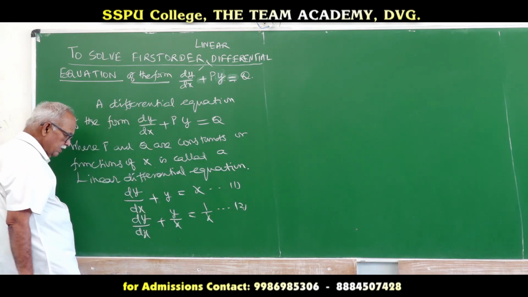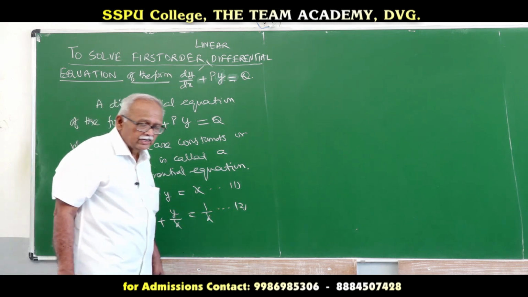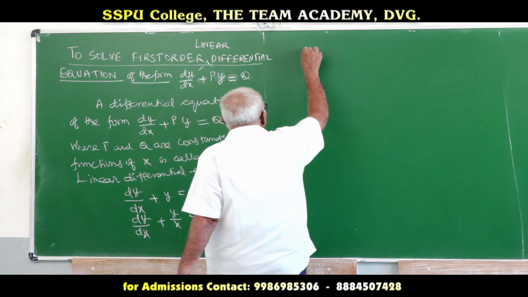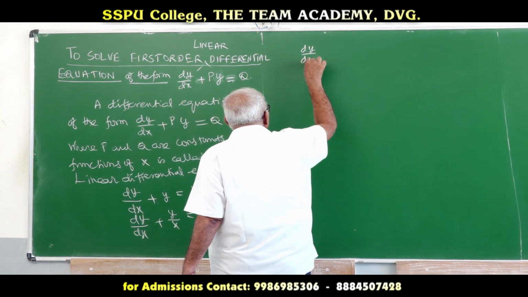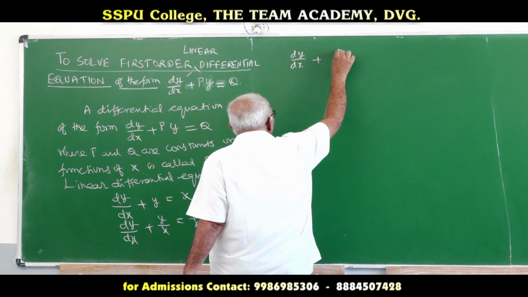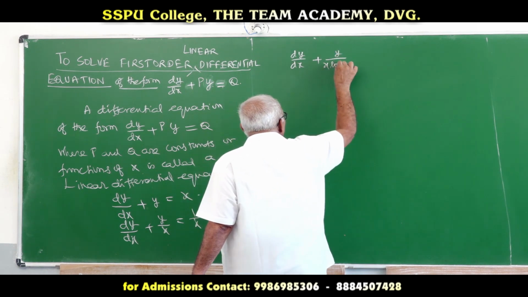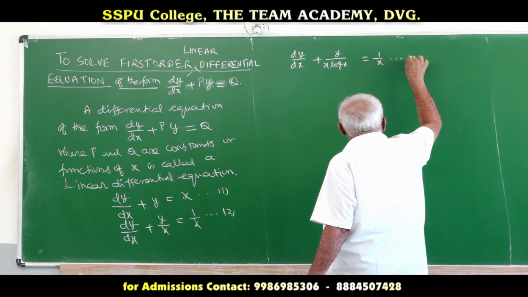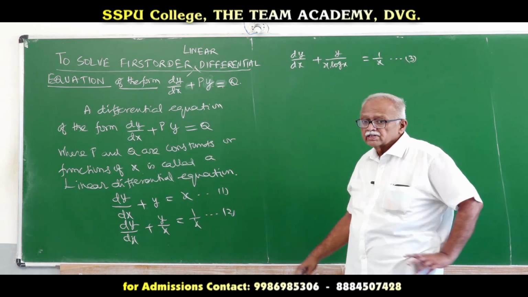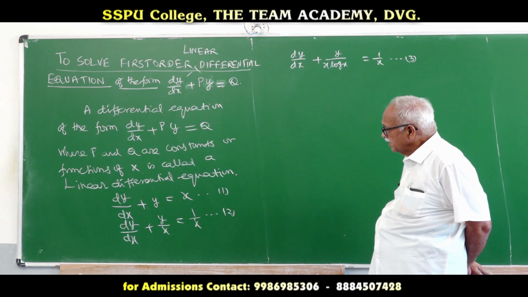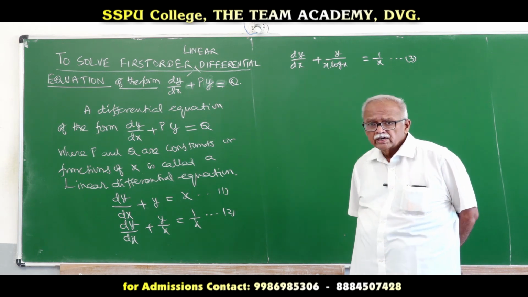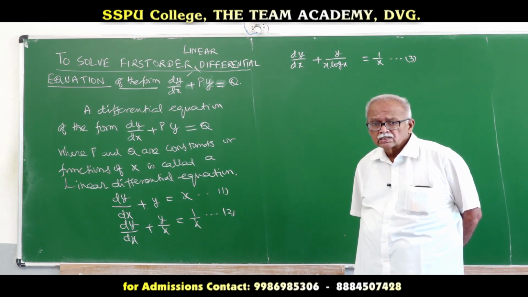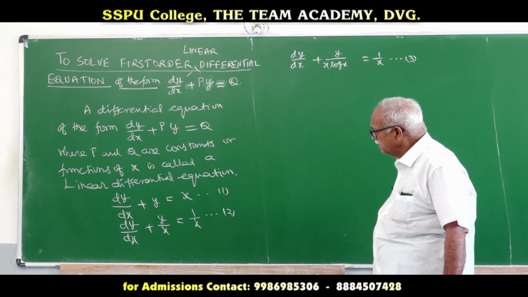So this is another linear differential equation. You can get another linear differential equation as dy by dx plus y by x log x is equal to 1 by x. So some examples we have given of dy by dx plus py is equal to q, where p and q are constants or functions of x. That is important for us.